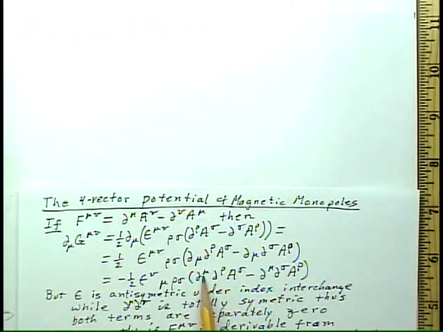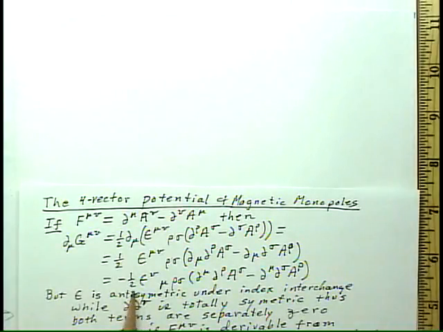I can raise this partial mu so that it takes this form right here. Likewise, I can do the same thing with the second expression, taking this mu and raising it and doing the interchange. As a result, what we get is an expression that looks like this and then has partial mu partial rho of A sigma.